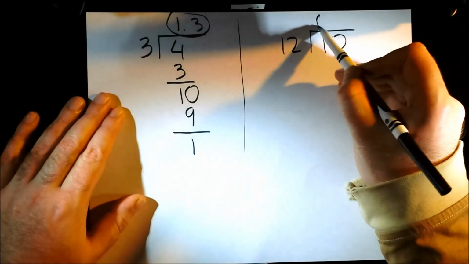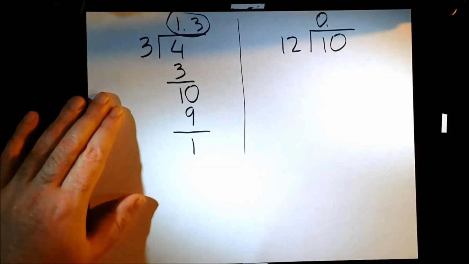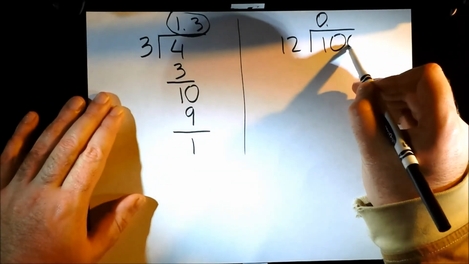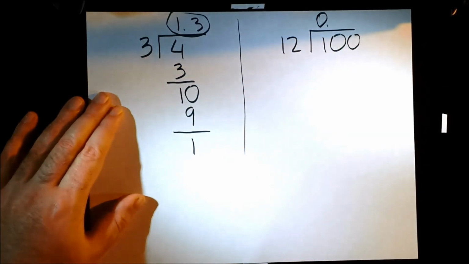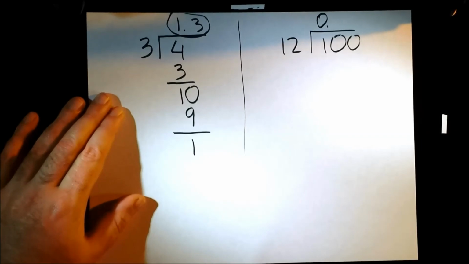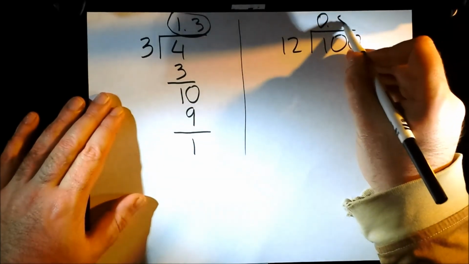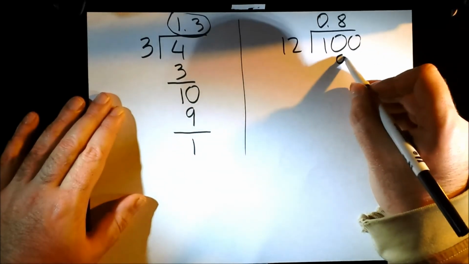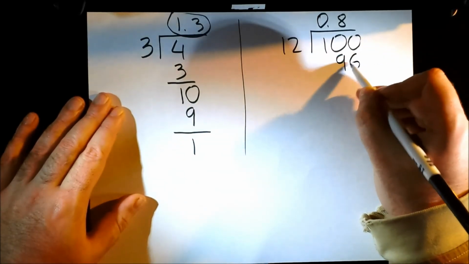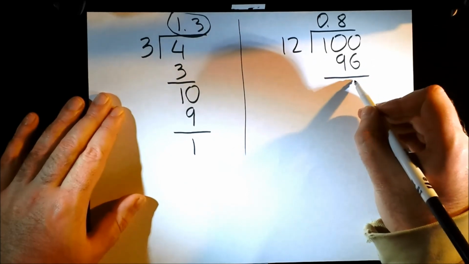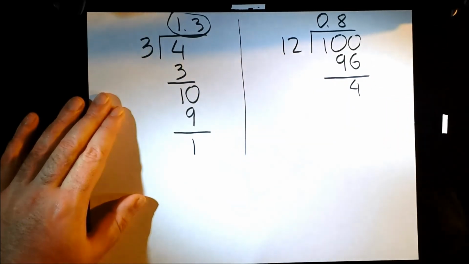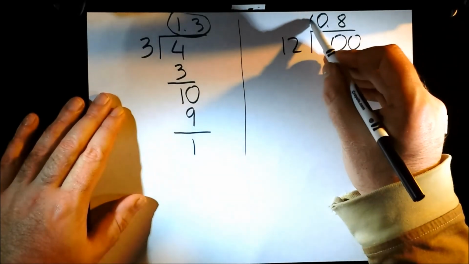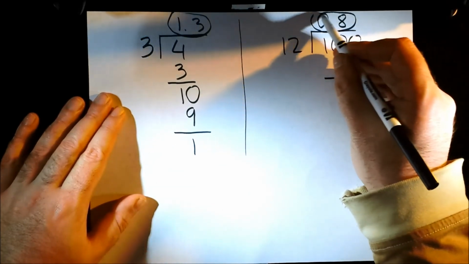So I'm going to put a 0 and a decimal, which allows me to add a 0 here. How many times does 12 go into 100? Approximately 8 times. Well, exactly 8 times, which gives me 96. I'm left with a 4, but I'm not going to go any further. This is good enough for me, 0.8.